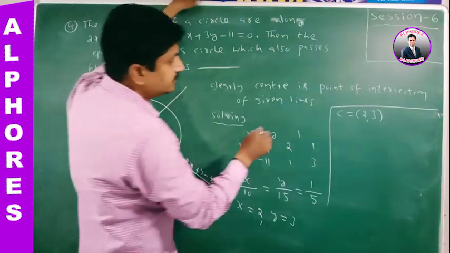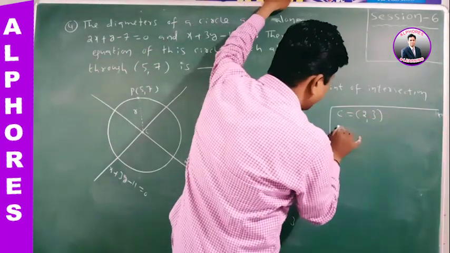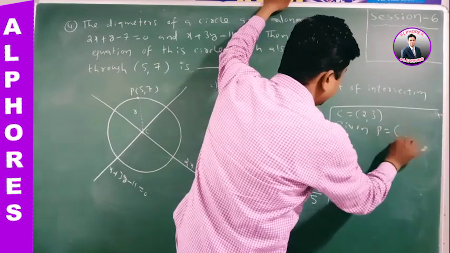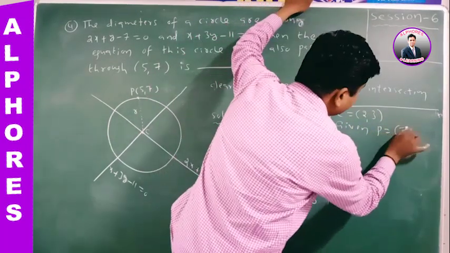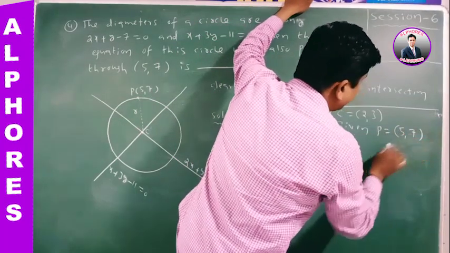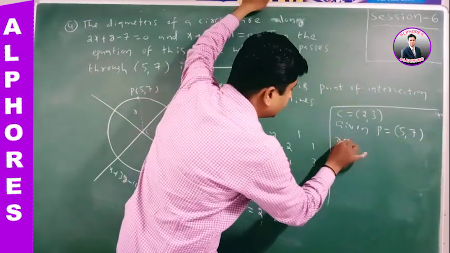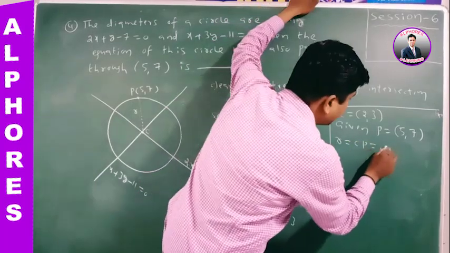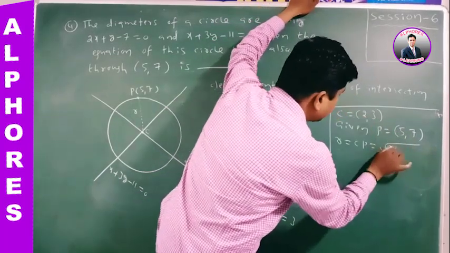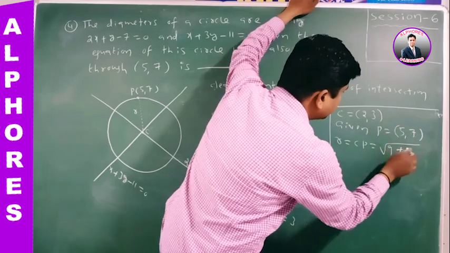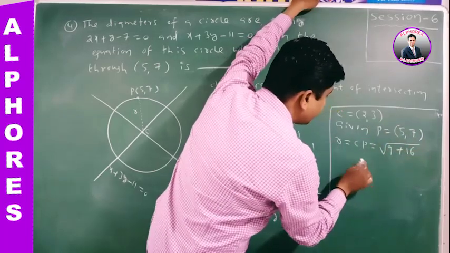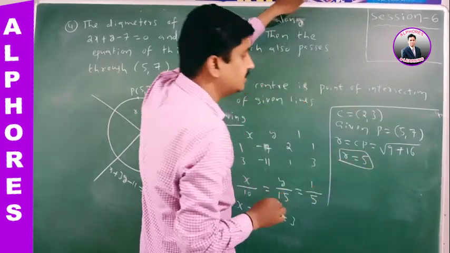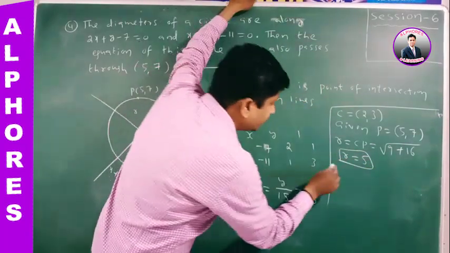Therefore r equal to CP. According to the distance formula between 2 points, (5 minus 2) whole squared is 9, and (7 minus 3) whole squared is 16. Therefore r equal to clearly 5.